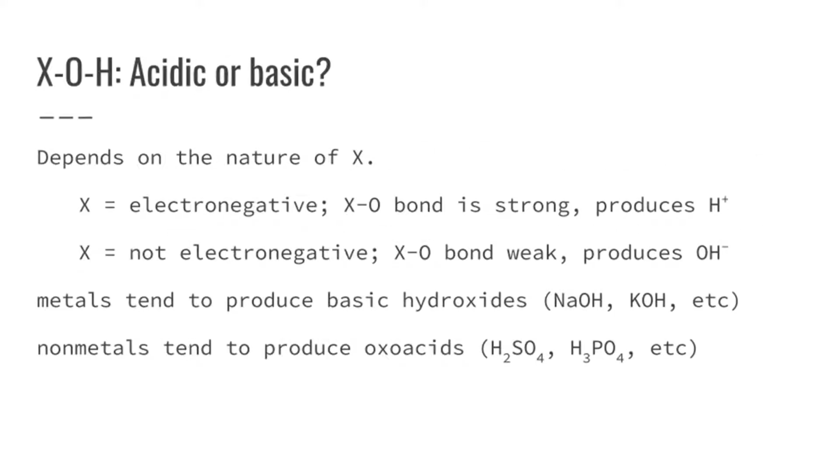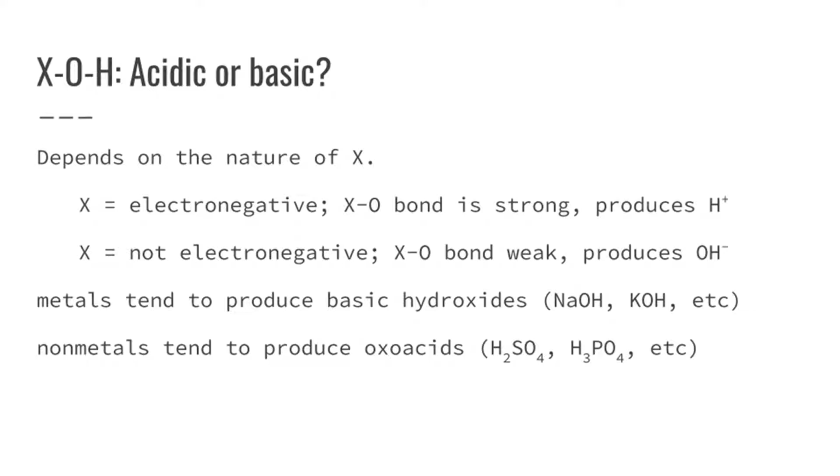Now, a question that might come up is, is an XOH going to be acidic or basic? That is going to depend on X. There are a lot of things that have an OH on them, a hydroxide or an alcohol. Sometimes that is an acidic proton, and sometimes it is a basic hydroxide.